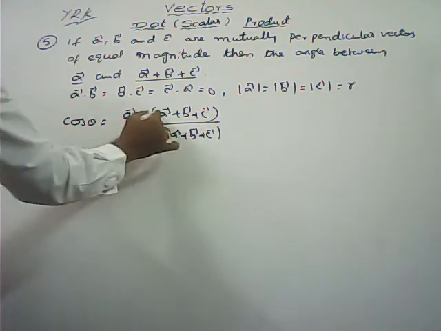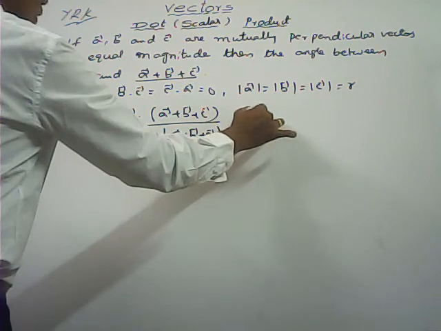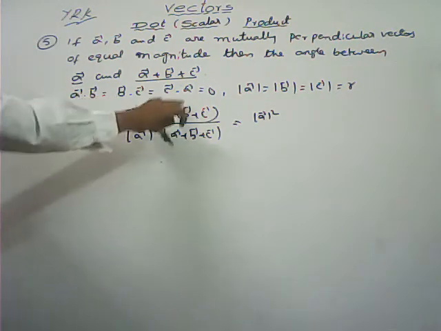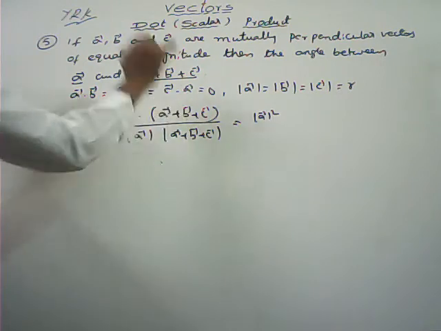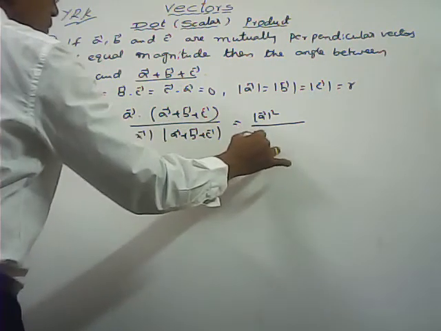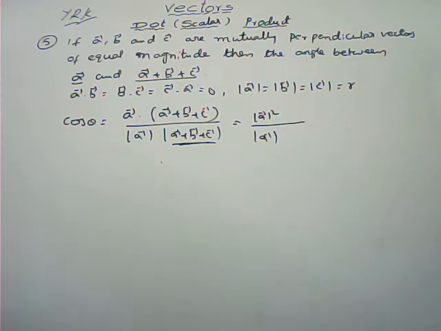Now, if I take the dot product of these two, A bar dot A bar, that is modulus of A bar square, and A bar dot B bar, that is 0, and A bar dot C bar also 0. So, modulus of A bar square by modulus of A bar, and what is the modulus of A bar plus B bar plus C bar?